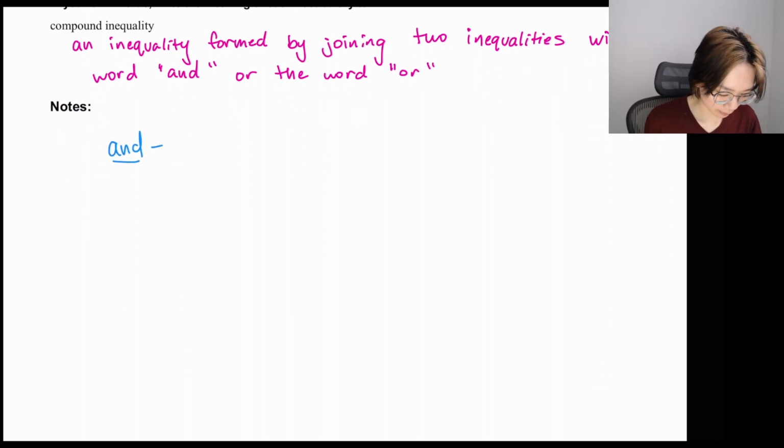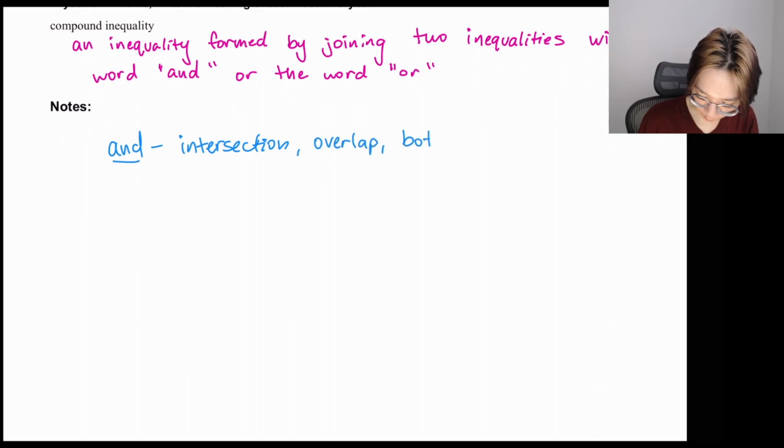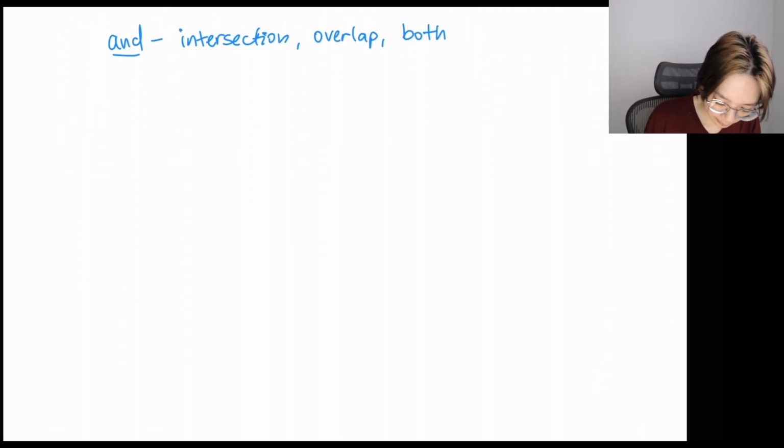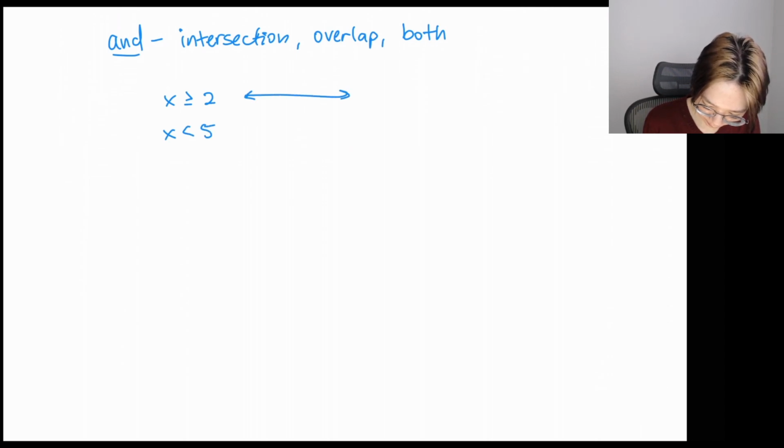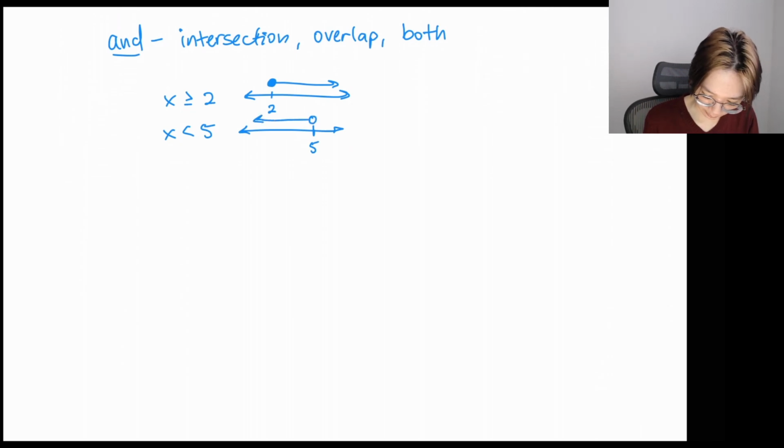And represents an intersection, an overlap, or both. For example, if we have these two inequalities, x is greater than 2 and x is less than 5. If we just graph them real quick individually, we have 2 over here, closed circle, greater than, so it goes that way. And we have 5 down here, open circle, less than, so it goes that way.